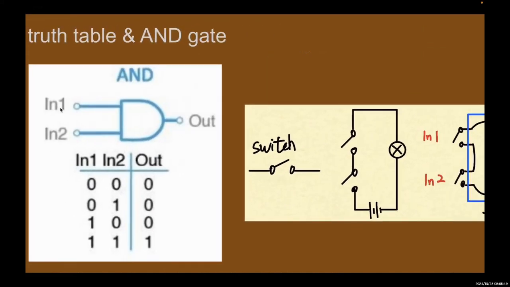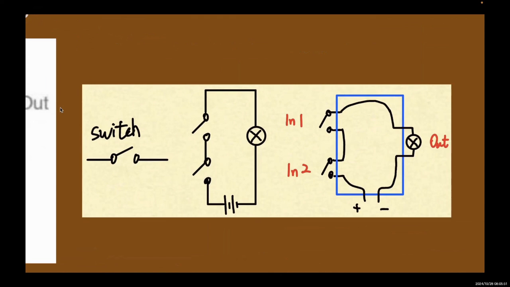So here are the switches. A switch is the basic component in the circuit, and you have two switches here, one bulb here, and the battery here.